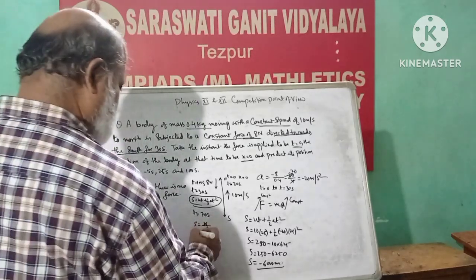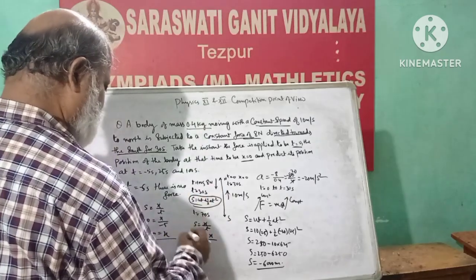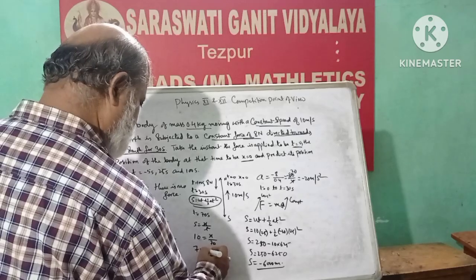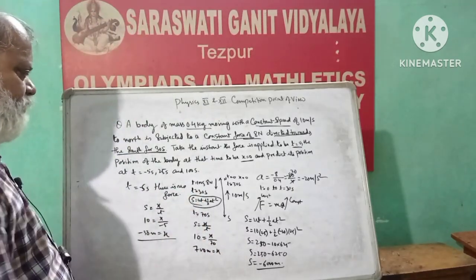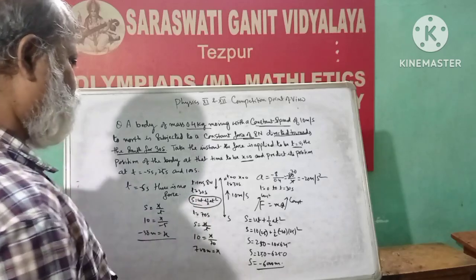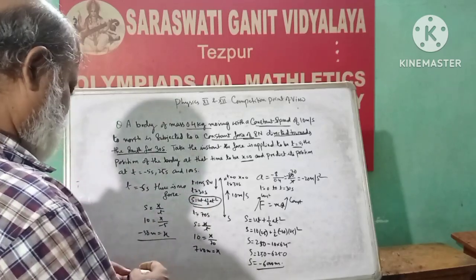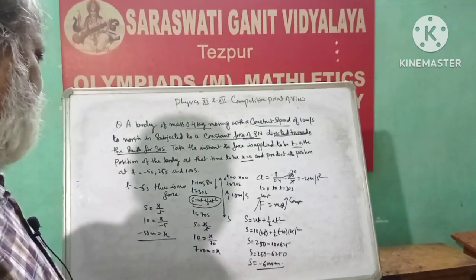Here speed is 10, distance x, and time is 70. So this will be 700 meter, this will be x, and you calculate for 30 seconds from here, add this to it, and this will be your total distance in t is equal to 100 seconds.